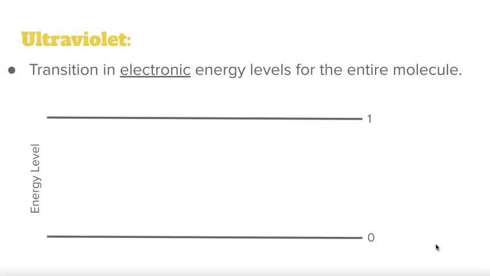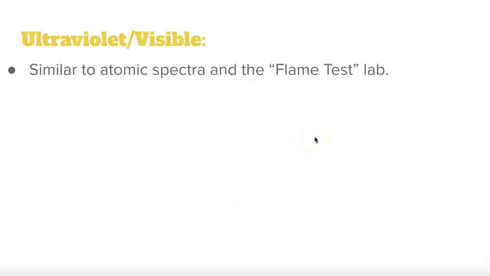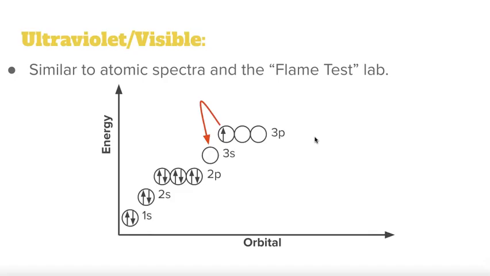And you can think of this as an excited state versus a ground state. So we're still looking at carbon dioxide, but when it absorbs electronic energy and releases that energy, it's going to go down a certain energy level, from 1 to 0. How ultraviolet electromagnetic radiation affects molecules is very similar to atomic spectra in the flame test lab that we did in a previous class.